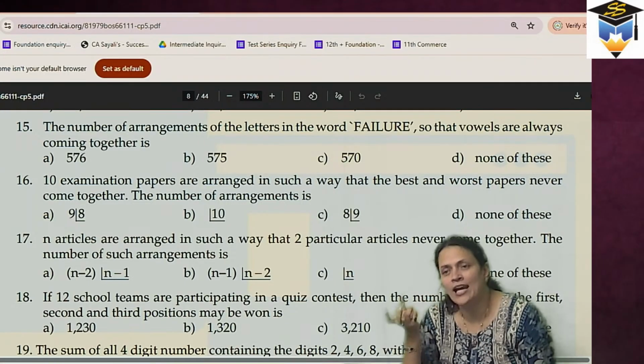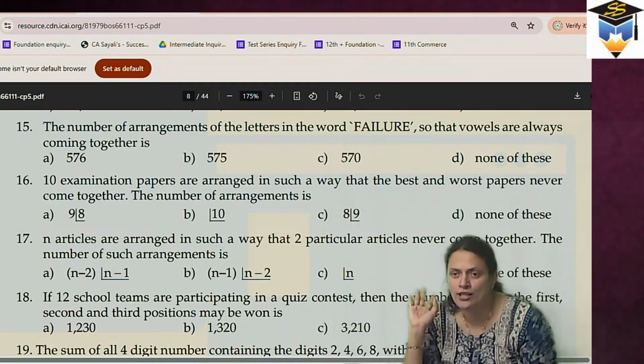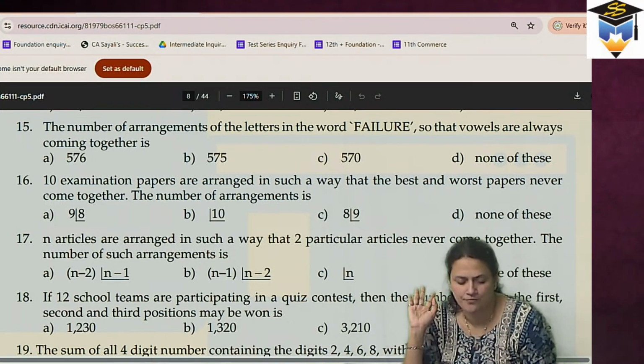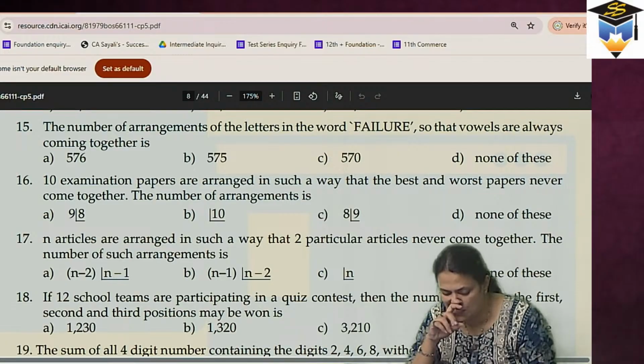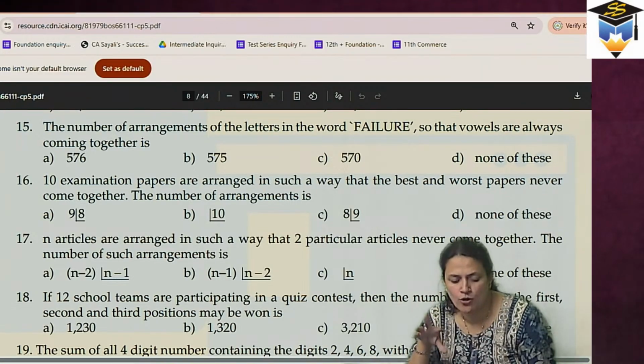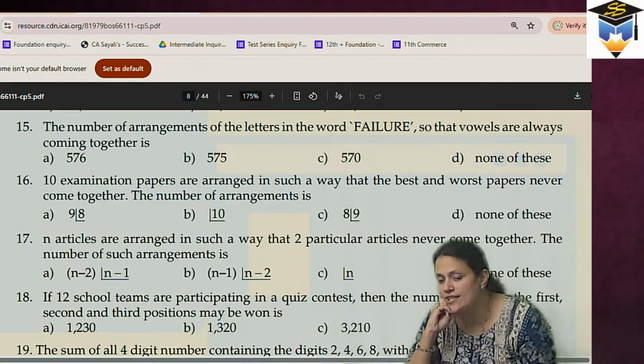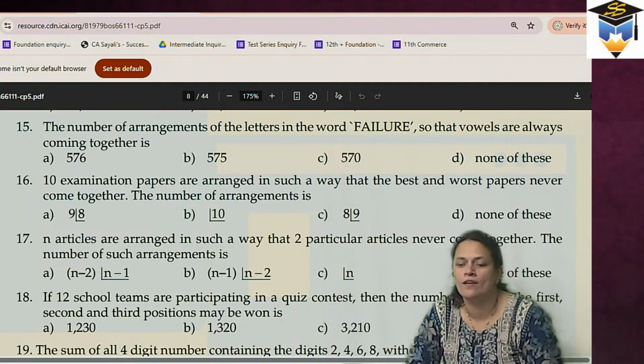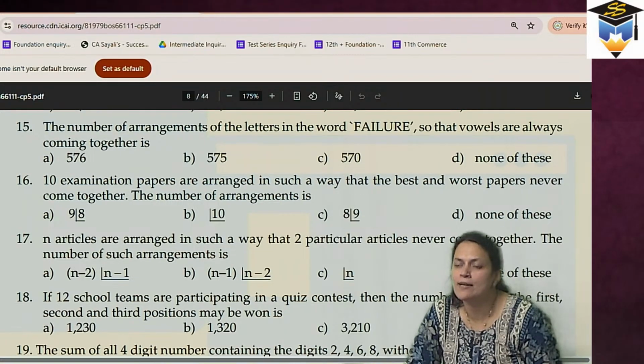That means they can be arranged in 4 factorial ways. Okay? So what will be the answer of this question? Vowels are always coming together.